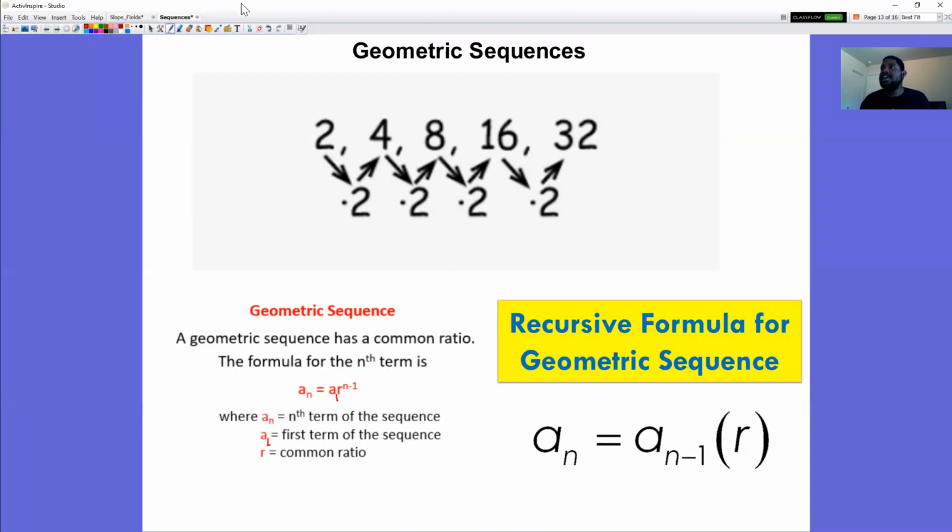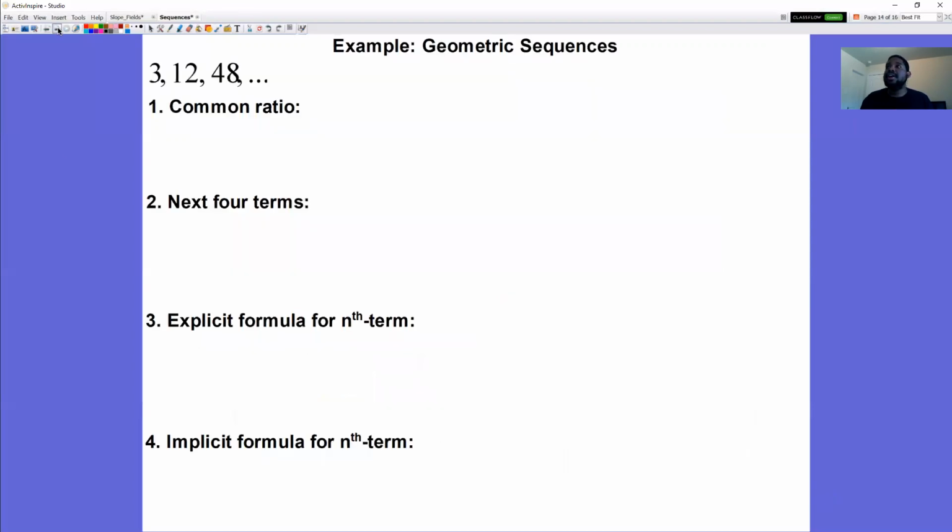And just like the arithmetic sequence, we need a_1 and r in order to write the formula for the nth term. So this is called our explicit formula. And this over here is called our implicit formula. For the recursive sequence, notice that we're multiplying the previous term by r to get the next term.